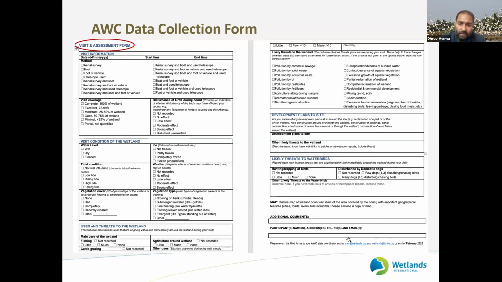And then additional comments. I think you would have added your comments in the project section of comments also. But in case something is left, you can also leave comments in the Google form. And then a very important thing is participants' names, addresses, and so on. Again, you might have added all your friends or teammates in the project app, which is great.